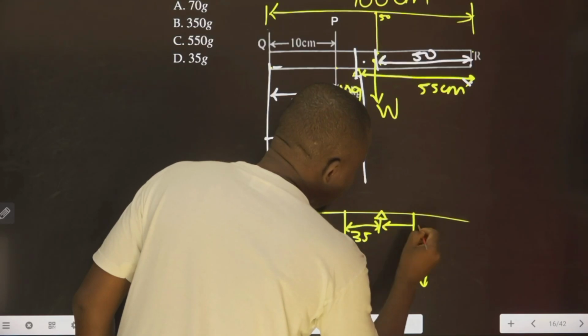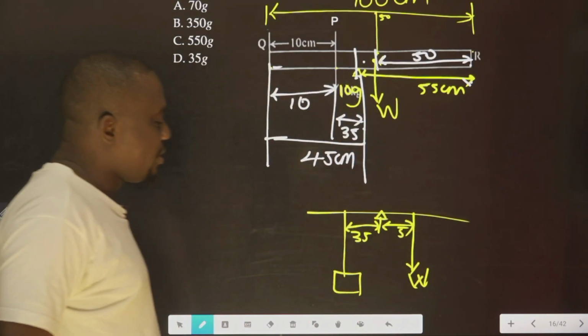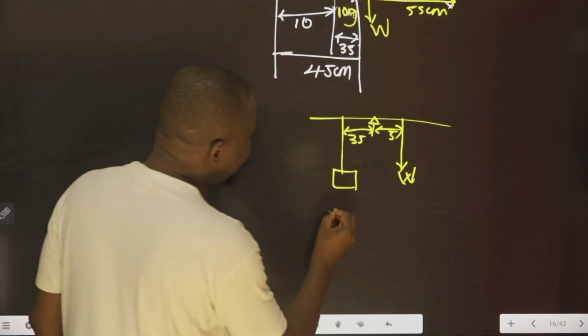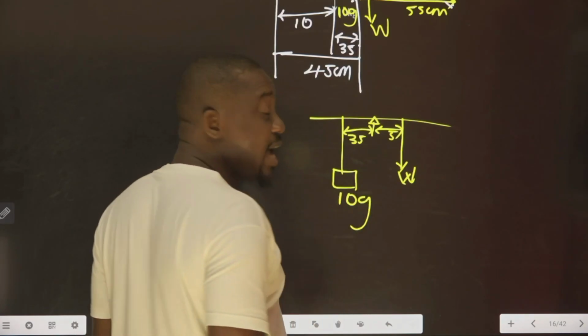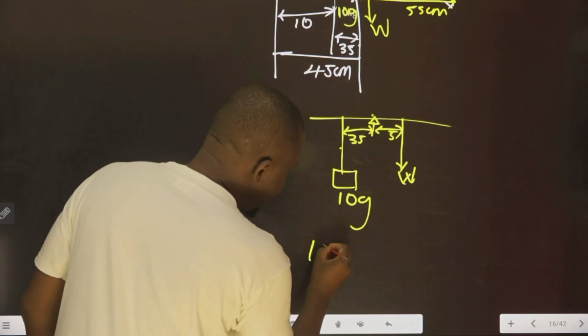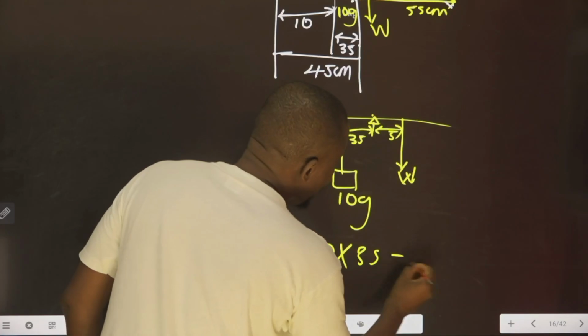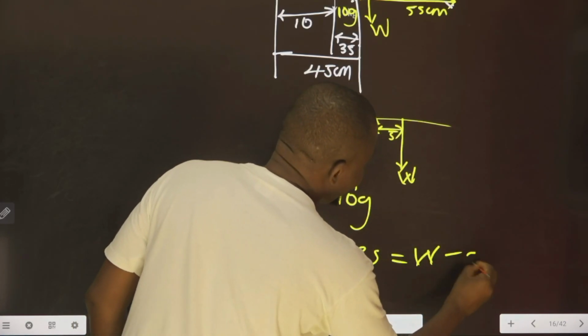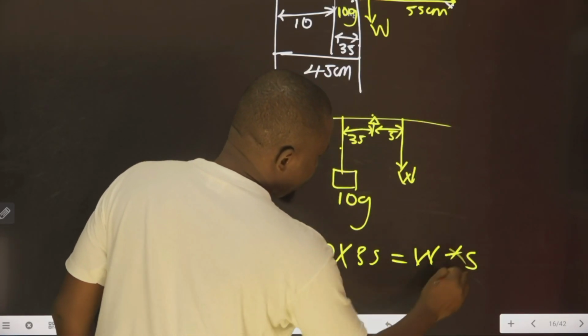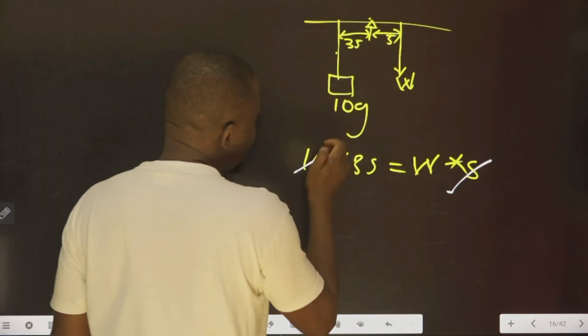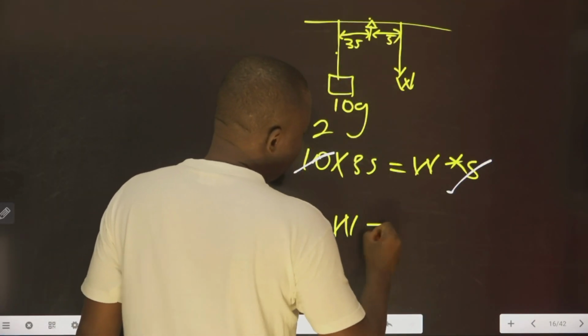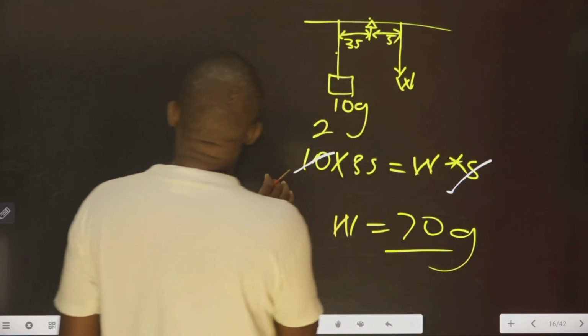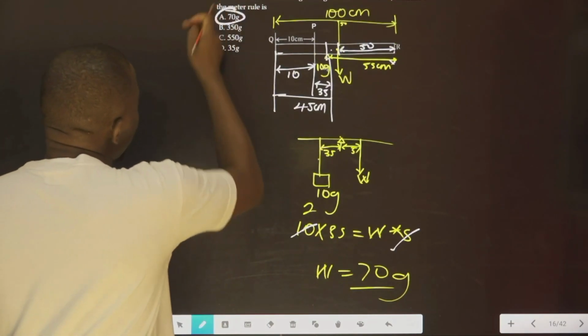So here to here is 5. Now we can solve. This is 10 ground. Okay? Therefore, this multiplied by this equals to W multiplied by 5. This one cancel this, have 2. W therefore is 70. 70 ground. Okay? 70 ground. So A is the answer.